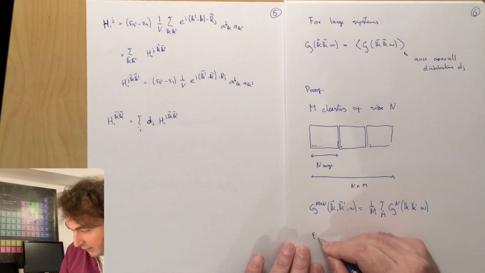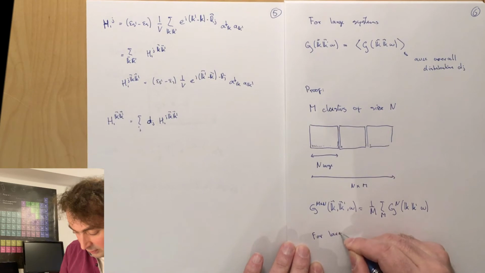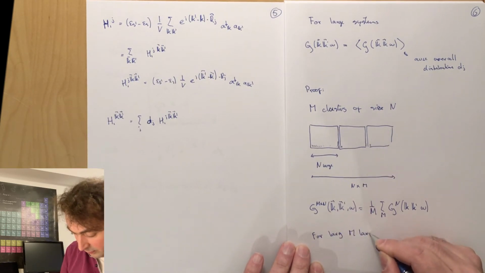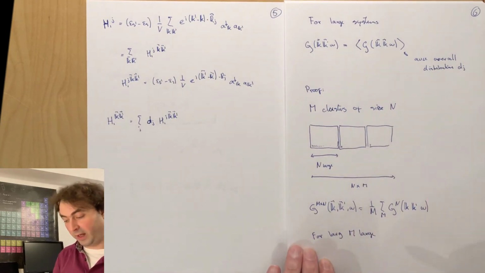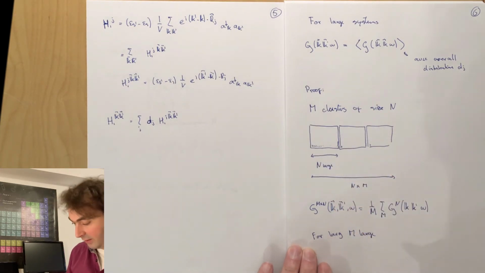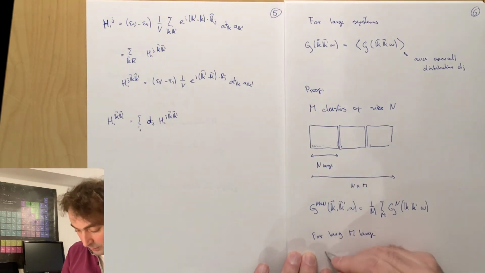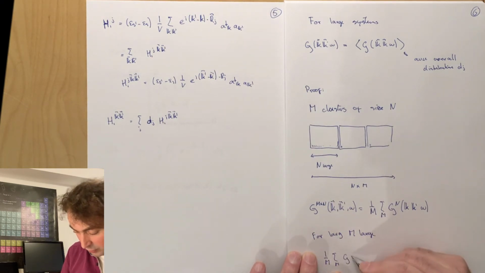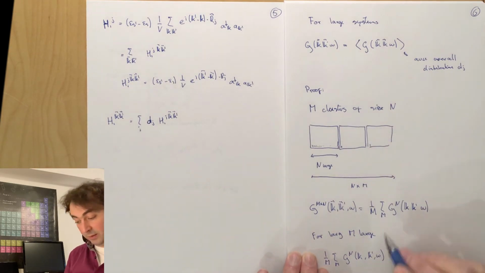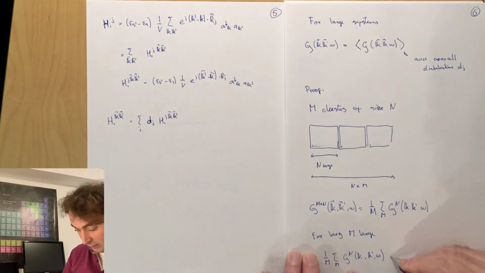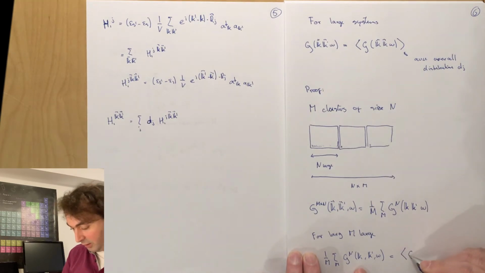Well, if we now have m large, so we first of all need n to be large, such that we can neglect surface effects, but when m is large, then the sum over a set of randomly chosen clusters fulfilling the probability that you have to find that cluster will become equal to the sum over all possible clusters multiplied with the probability that you find that cluster.